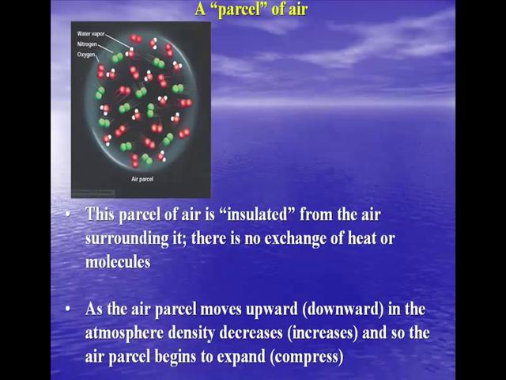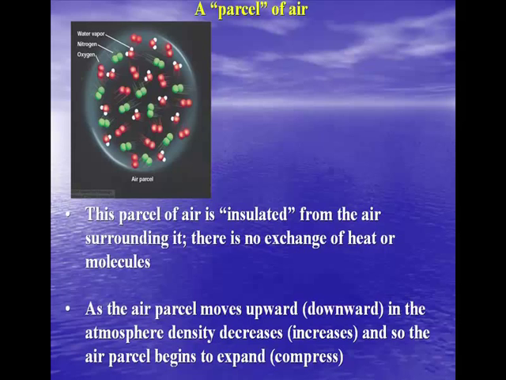Before we begin today's discussion, I would just like to focus on an air parcel. We've talked about this previously in class when we were talking about the molecular makeup of air. We know that approximately 79% of a parcel of air is made up of nitrogen, and about 20% oxygen, with water vapor being a variable gas.